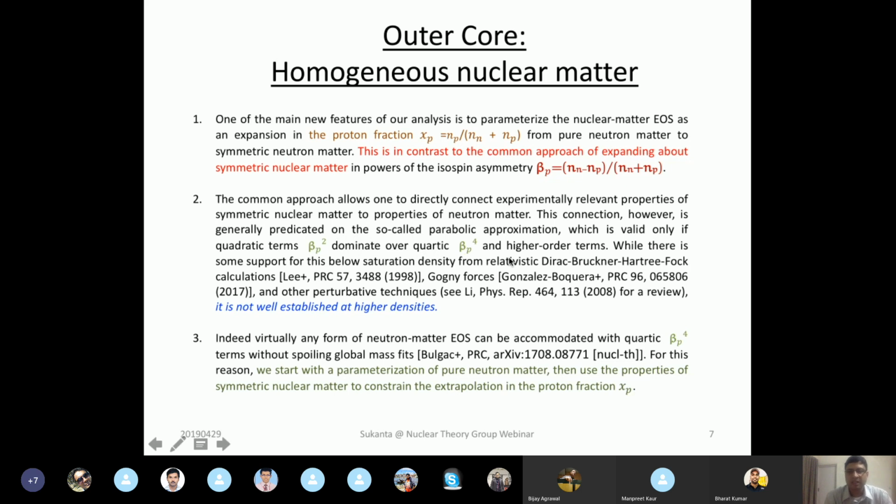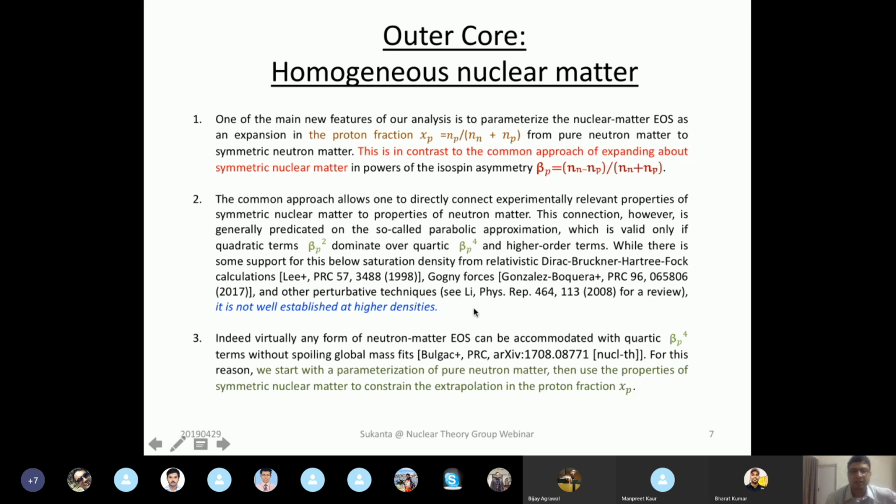which of course is understandable. Now, there is some support for this assumption below saturation density from relativistic DBHF calculations, as for example shown in Lee et al., from this 1998 paper, but also in this paper by Gonzalez, Bocura, and so on.